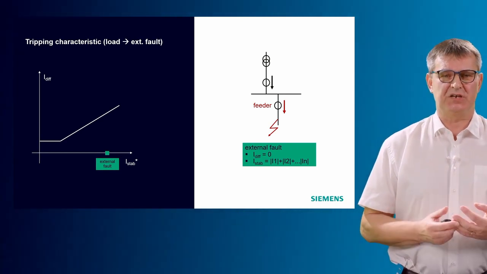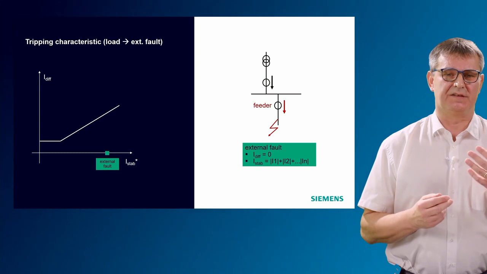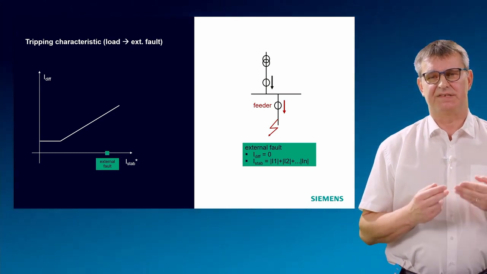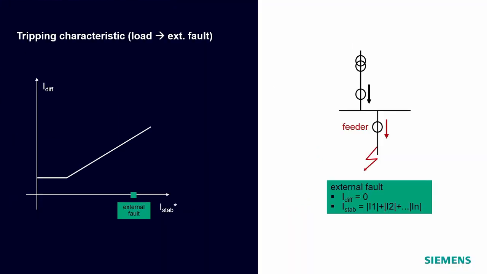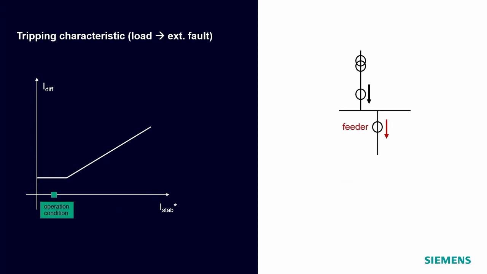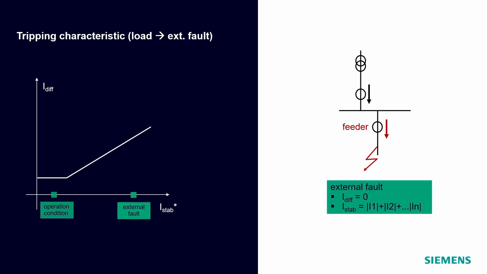The differential current will remain 0. But the stabilization current, which is the sum of the absolute values of these two feeders, will increase. So that's the normal operation. Then we have the external fault. That means the stabilization current will increase a lot.